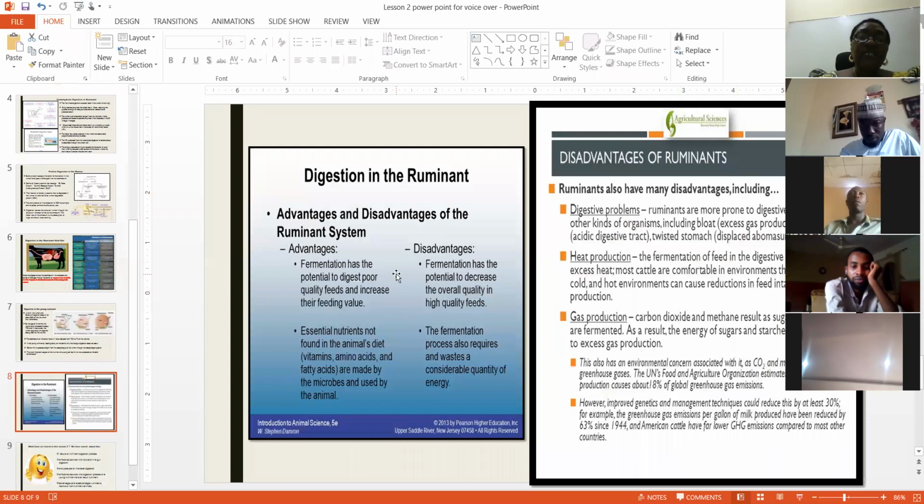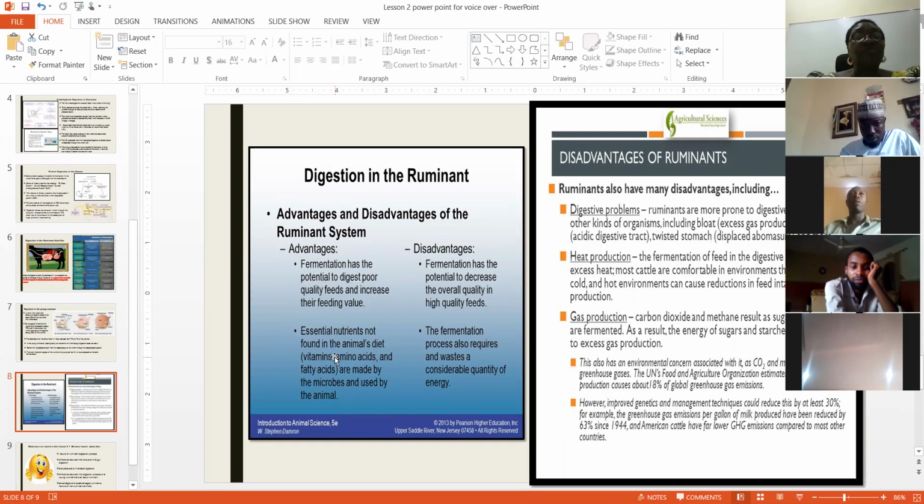Finally, what are the advantages of this process that we have talked about? I would like us to make reference to this. We have talked about the leveling effect as an advantage. If a feed is of low quality, it can be improved. We have talked about the synthesis of some vitamins as a result of microbial activities in the rumen.